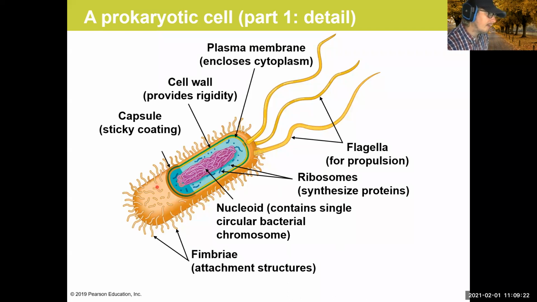You have a capsule in this species, with some cilia on the outside, also called fimbriae, to help with attachment to structures. This is the nucleoid region, where that DNA is condensed into one specific area. And those little purple spheres are ribosomes, which are what is making the proteins.